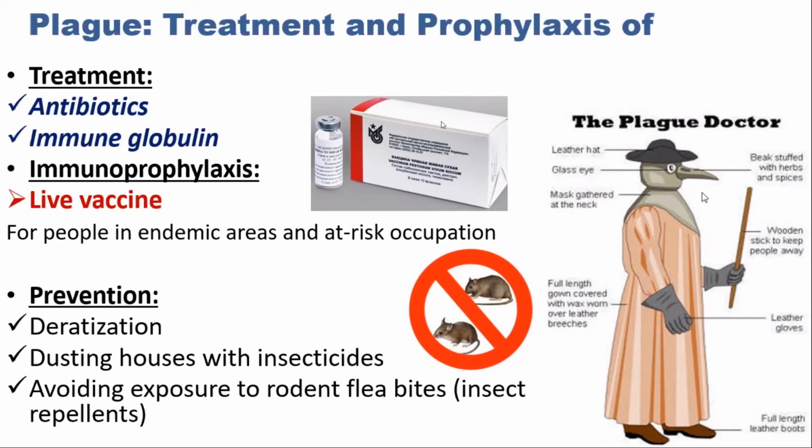And it was thought that using this mask with a beak, by the way, that is filled with plants with bactericidal effect, it was believed that it can protect from infection from an outbreak of disease.